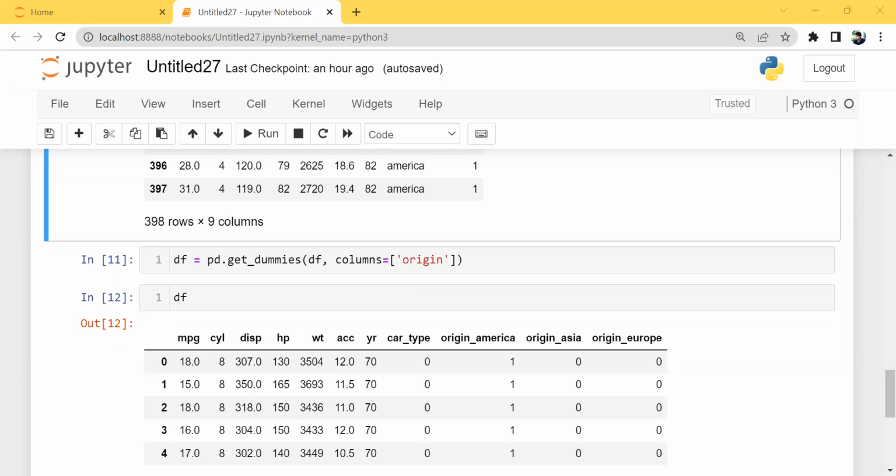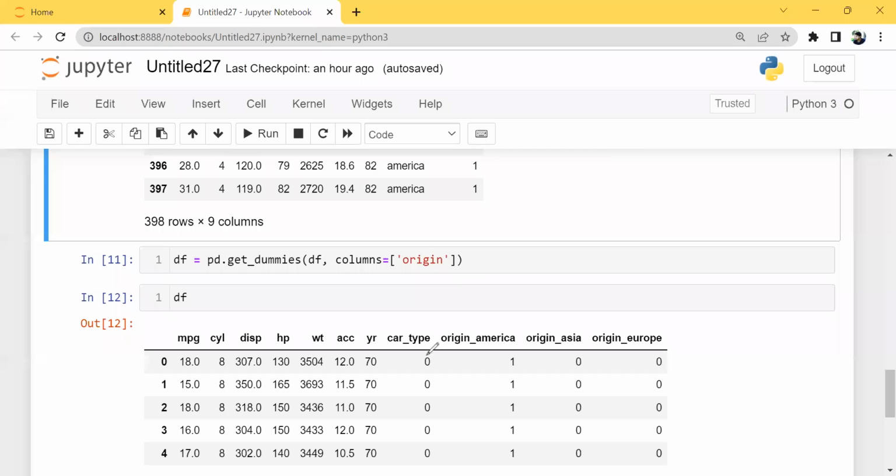Why? Because you will end up having more columns. So what happens if the columns are increasing and the data points are very few? Your model will not be efficient in the production environment.